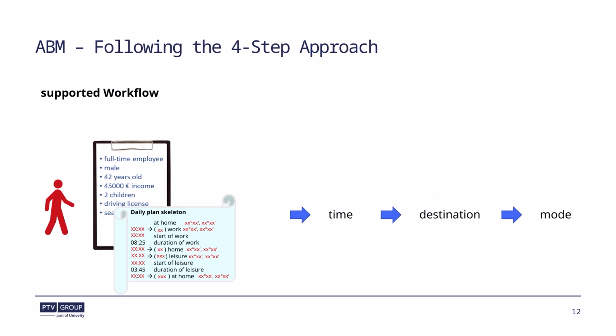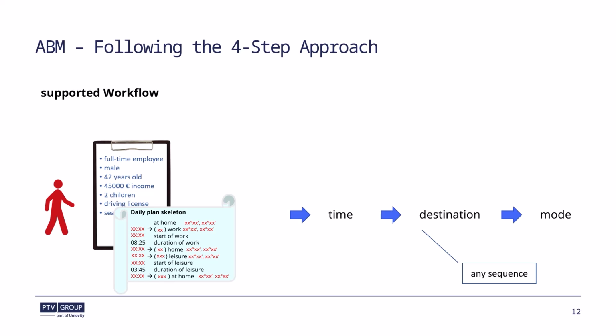What you see here is the supported workflow of our ABM. As in a four-step model, you start with a certain population, and then the model decides for time, destination, and mode, by the way, in any sequence. In an ABM, this population is a synthetic population.